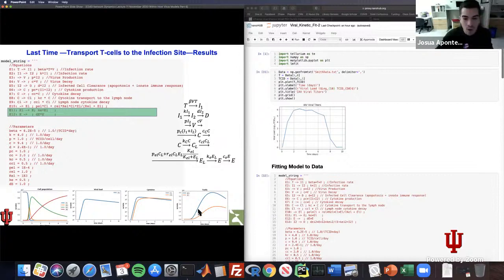And by now we should know a little bit what's determining why there is a delay between the number of T cells in the lymph node and the number of T cells in the tissue. And it's the same reason why there is a delay in here as well, right? Because it takes time for the cells to travel from the lymph node, once they start proliferating, to the tissue.